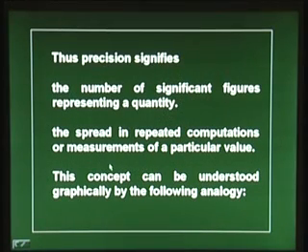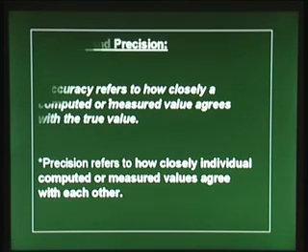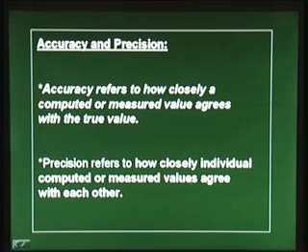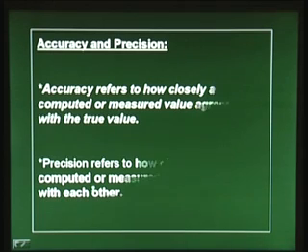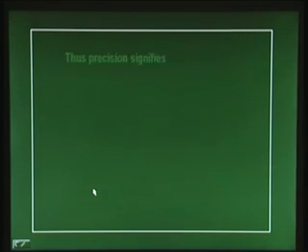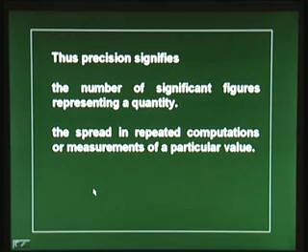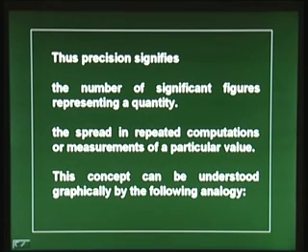Here it says how closely individual computed measurements agree with each other. For that, the number of significant digits is very important, the spread in the computation or measurement of a particular value. That is determined by the significant figures.